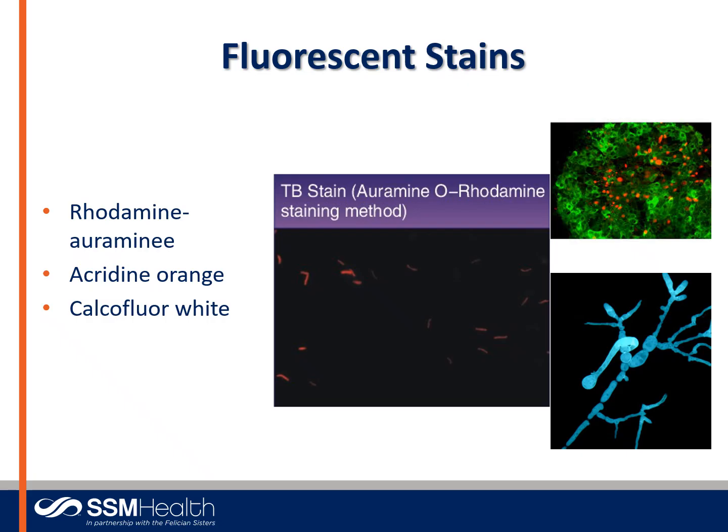Now the acridine orange, which is at the top right, is an interesting stain. It actually selectively binds to any nucleic acid. So it's particularly useful to demonstrate small amounts of bacteria, particularly in blood cultures or spinal fluids in which you are suspecting there to be organisms but are unable to see them on a routine Gram stain.